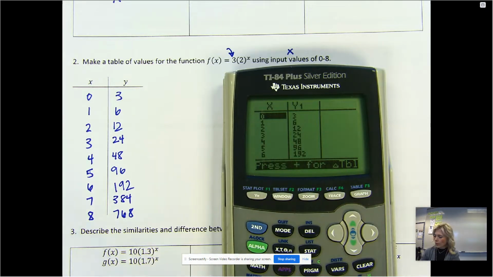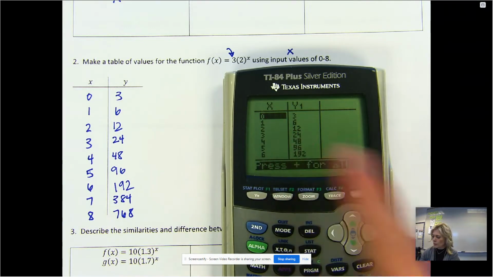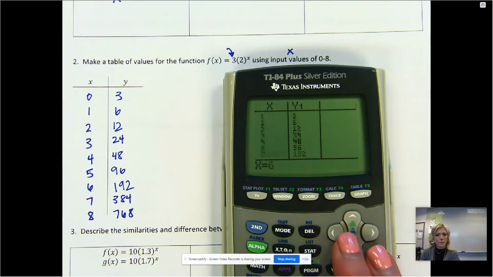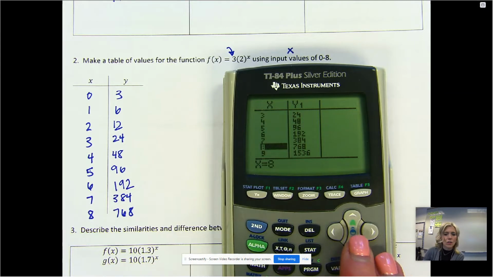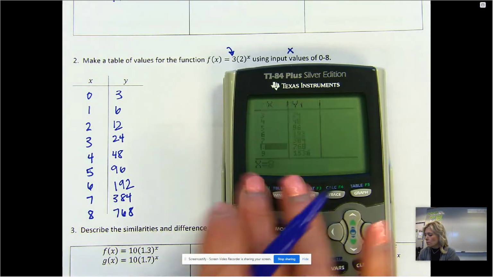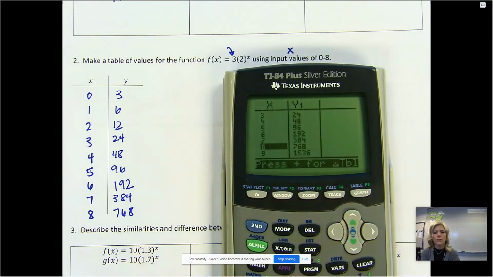And so my table is starting at 0. So I have those same values there. And then just checking for 7, and then for 8. So it matches up. So again, that was just putting the equation into y equals, and then second graph to look at the table.